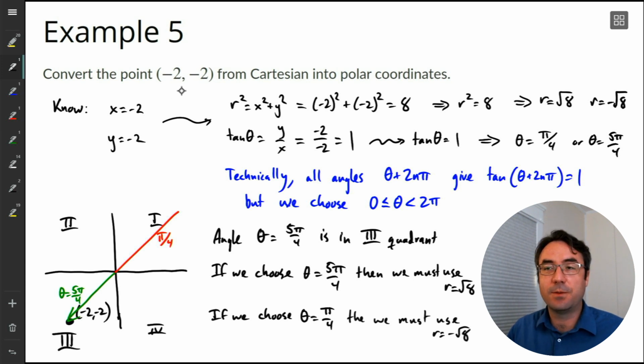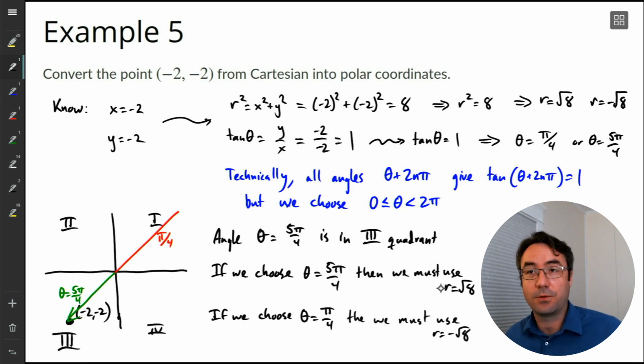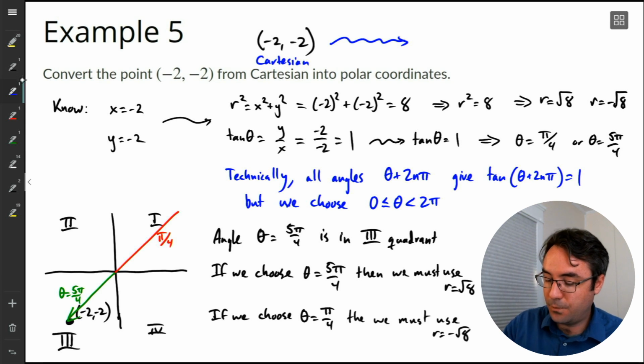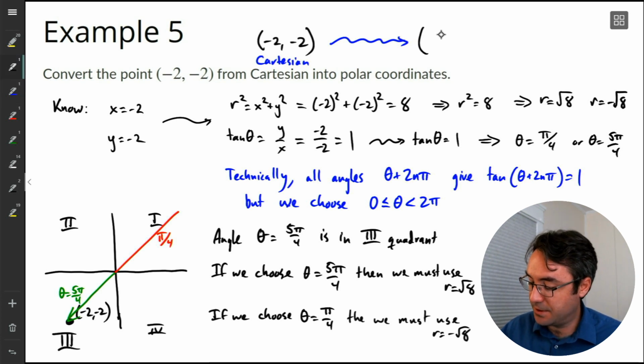So, as we've normally seen, there's lots of ways to represent a point in polar coordinates. So we have this point, -2, -2, given in Cartesian coordinates, and there's a few ways to represent this in polar coordinates.